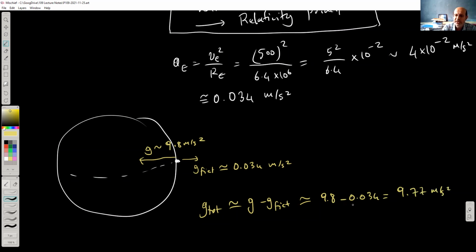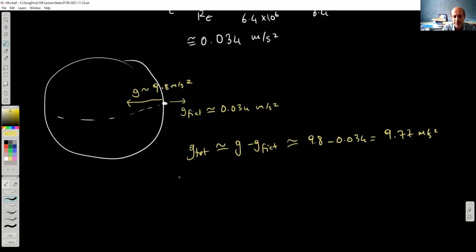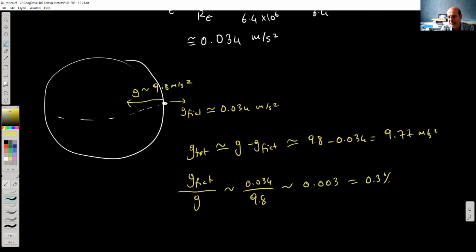This is something which is barely noticeable. So what's important is the ratio of the fictitious gravity to the actual one. So that's going to be, let's say this is around, yeah, that's 9.8. So that's going to be around 0.003, which means like 0.3%.